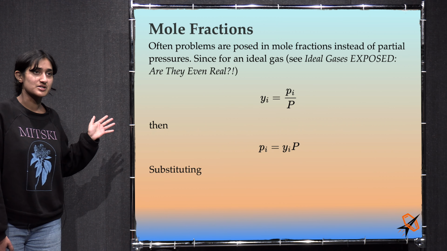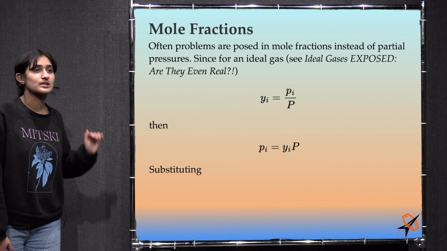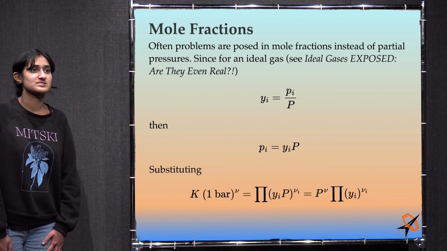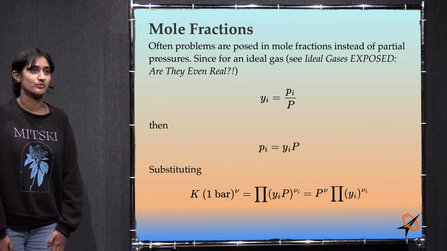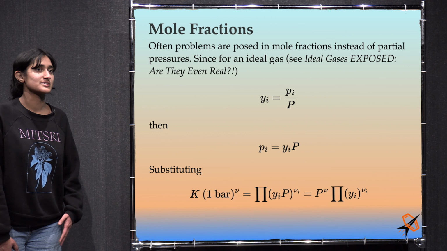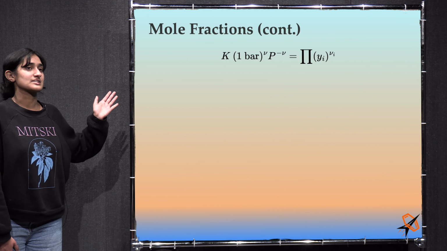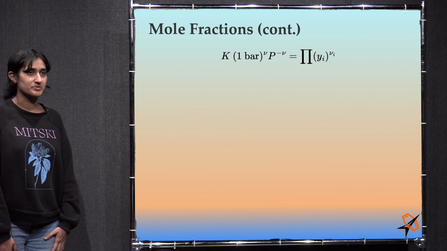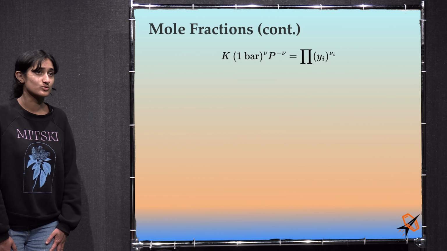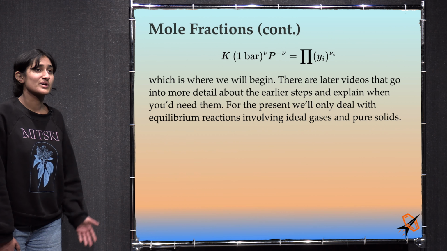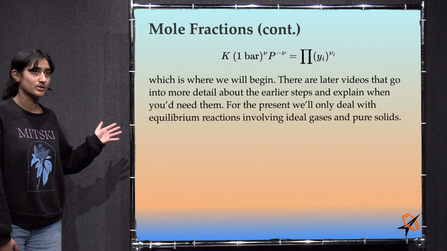Substituting into the expression from the previous slide, we get that the equilibrium constant times 1 bar to the stoichiometric coefficient is equal to the system pressure to the overall stoichiometric coefficient, times the product of the mole fractions raised to their stoichiometric coefficients. Or, the equilibrium constant times the pressure to the negative stoichiometric coefficient is equal to the product of the individual mole fractions raised to their stoichiometric coefficients, which turns out to be the equation we're going to use for chemical reaction equilibrium.